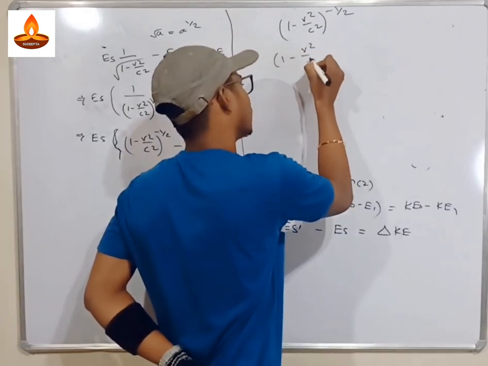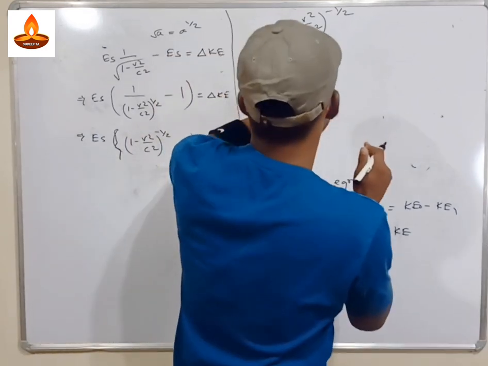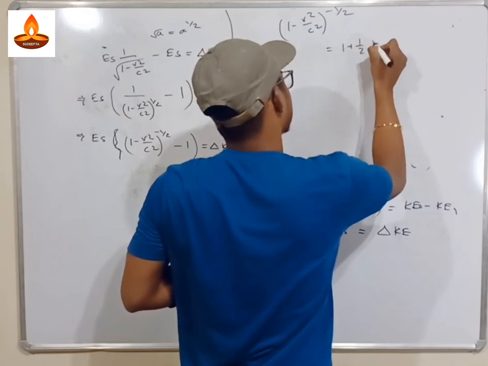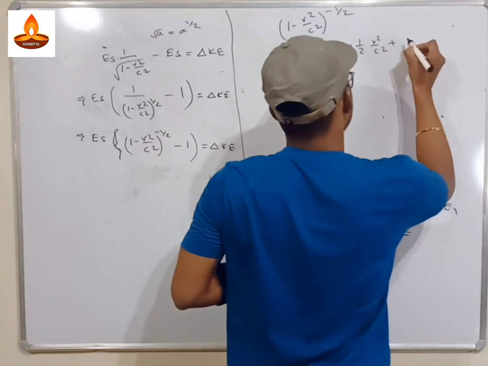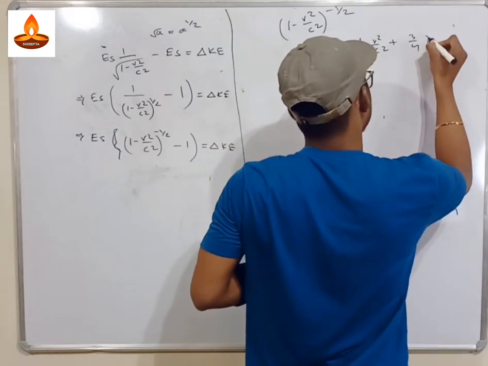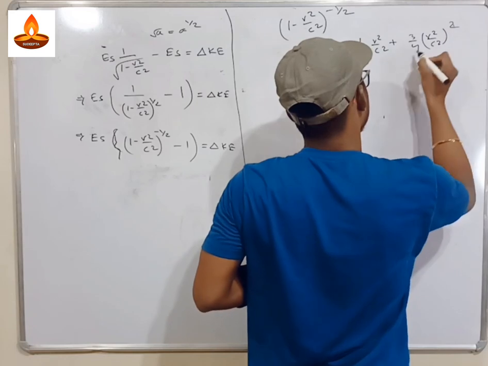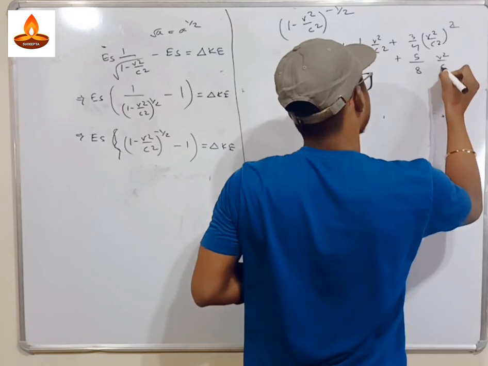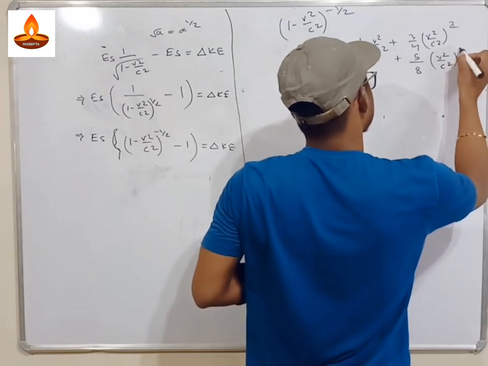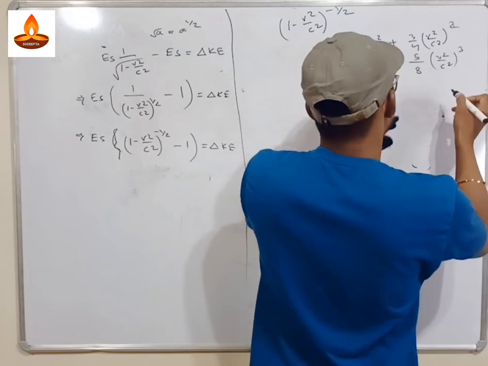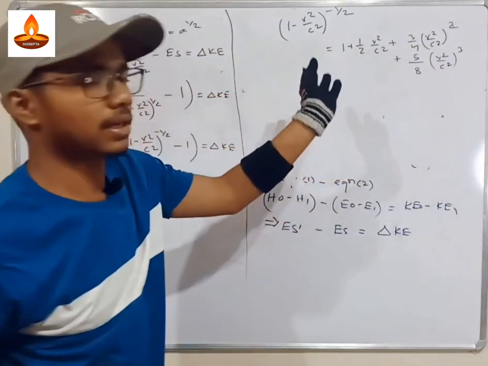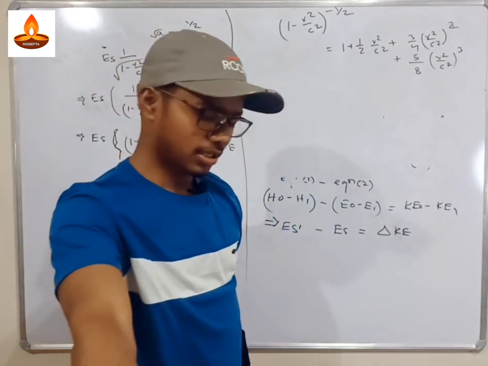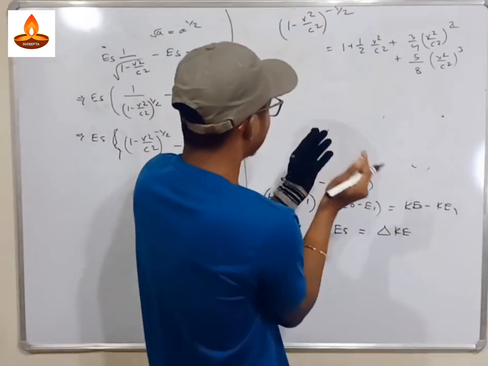It is 1 plus half b square upon c square, plus 3 upon 4 (b square upon c square) squared, plus 5 upon 8 (b square upon c square) cubed, plus 7 upon 16 (b square upon c square) to the fourth. Not needed to remember, I just want you to see things.